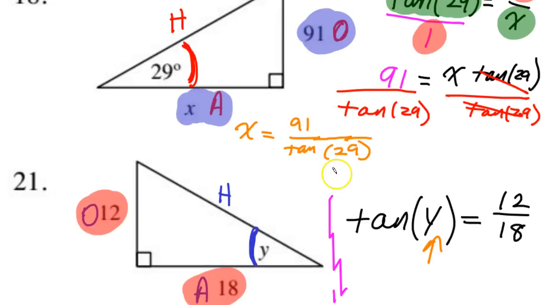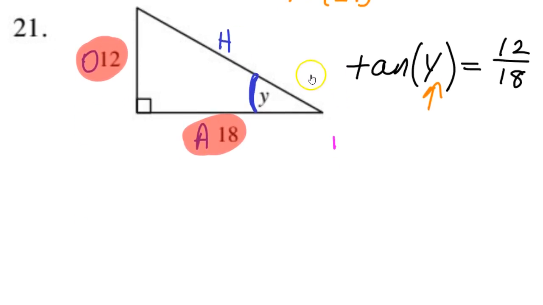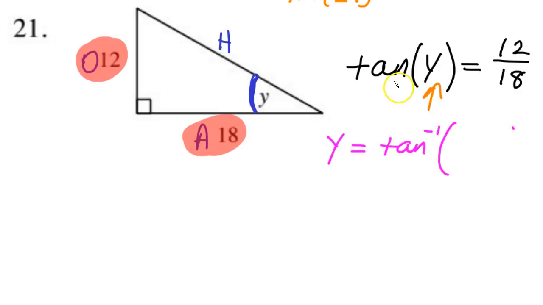Let's move this back on up. Okay, so we need to say that y is equal to the tan inverse. Very important that we make sure that we put that inverse right there of 12 over 18. And let's see here, the tan inverse of 12 divided by 18 is about 33.7.